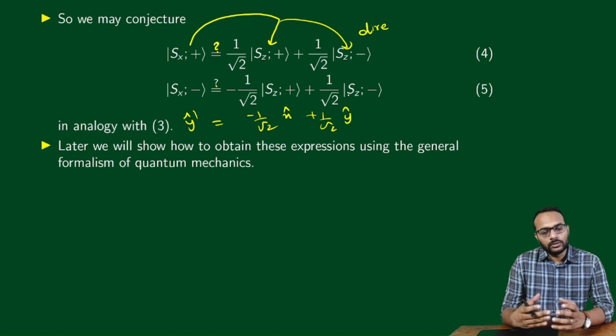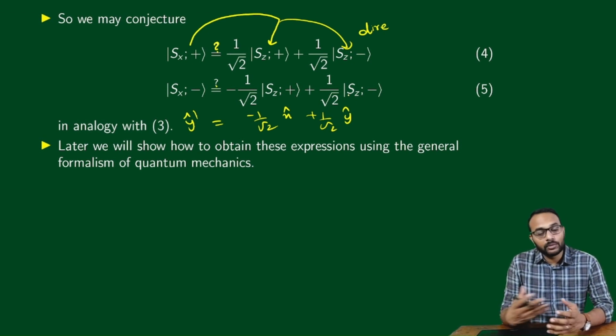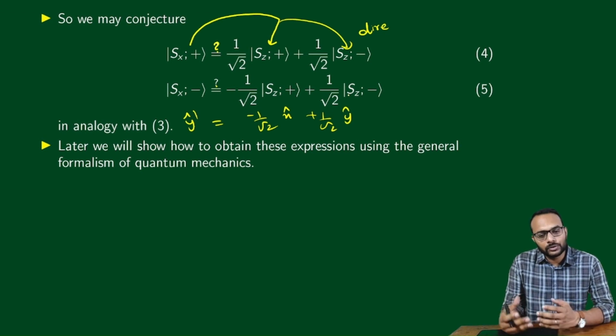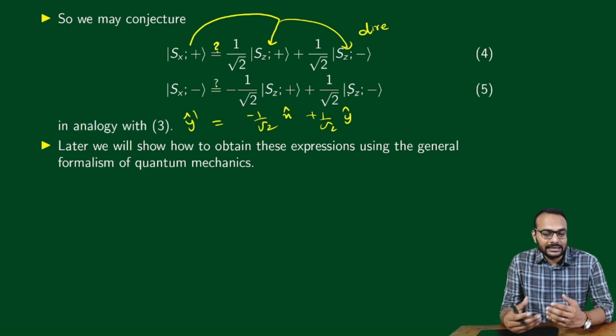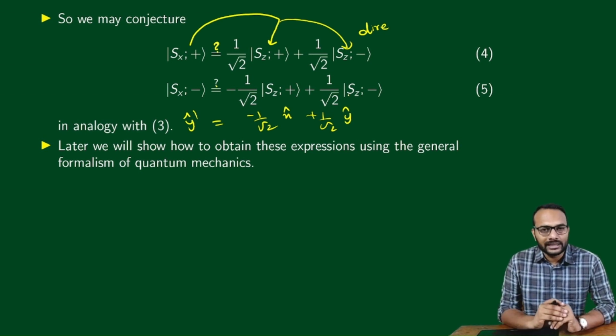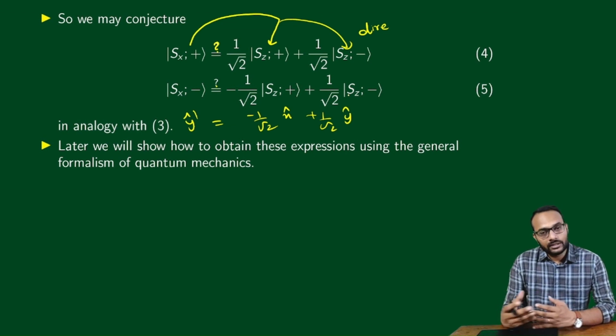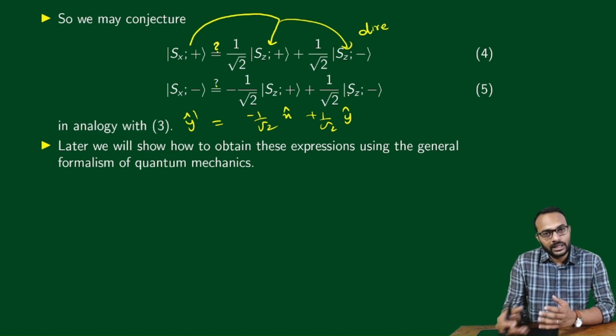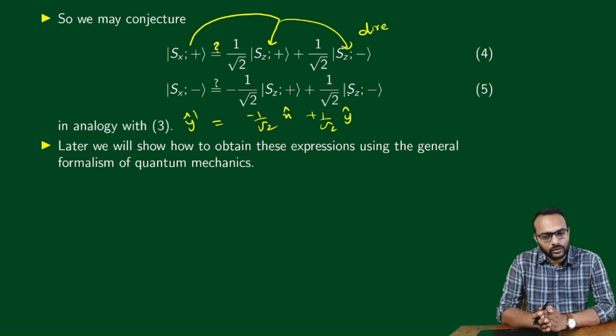This is just a motivation. We are looking at similar behavior and trying to describe these things using similar mathematical objects. Later, when we go into the mathematical formulation of quantum mechanics, we'll show how to obtain these expressions starting from the basic ideas.